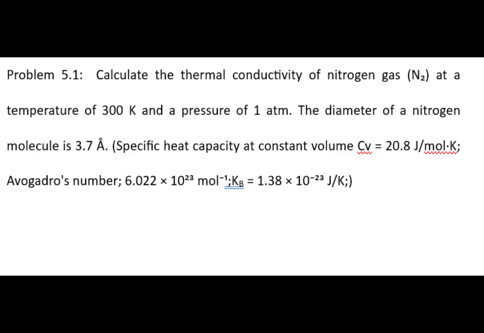Note that 1 AMU equals 1.66 times 10⁻²⁷ kilograms. When all this is done well, you will be happy to obtain the thermal conductivity of the nitrogen gas as 0.026 W/m·K.